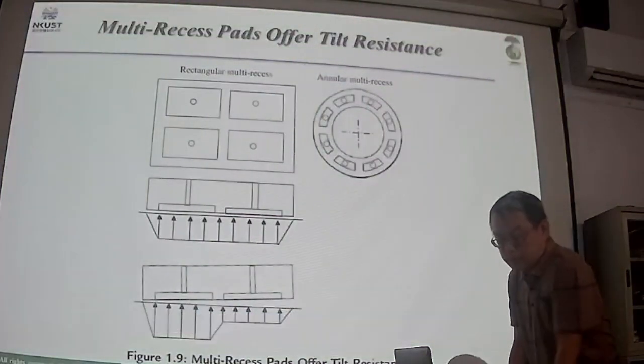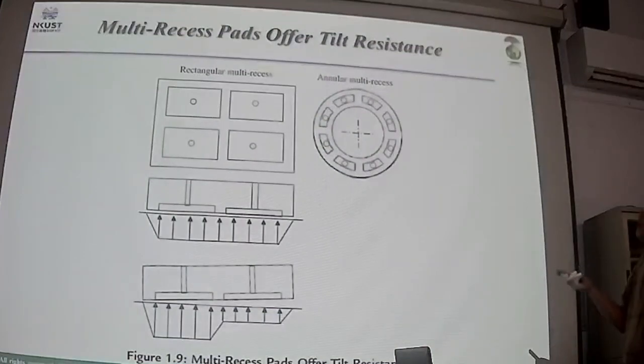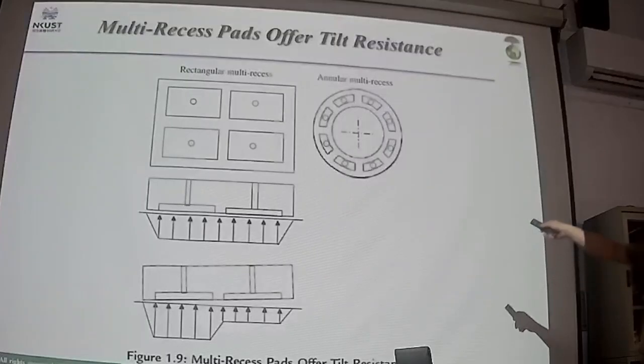So with the multi-recess design, you can have better resistance to non-concentric loading. When your loading is not centric to your mass center, which means that some of the weight may be on some area of the table.